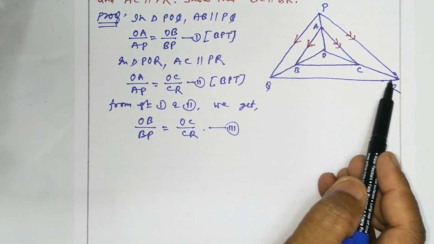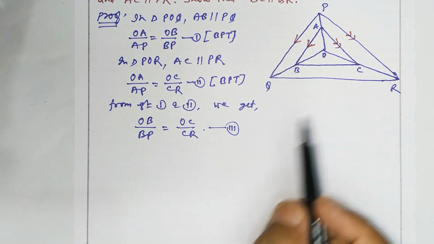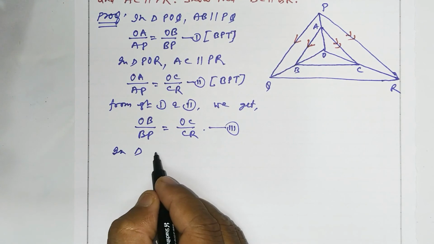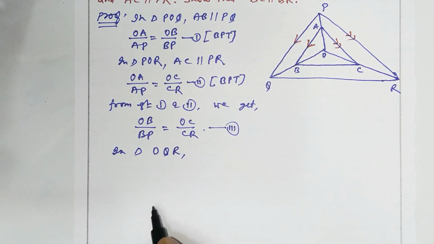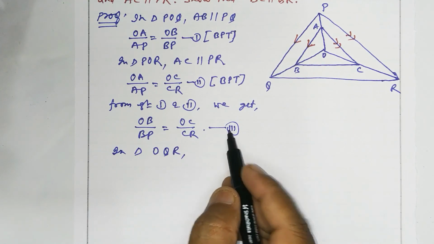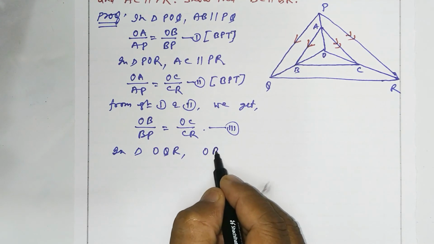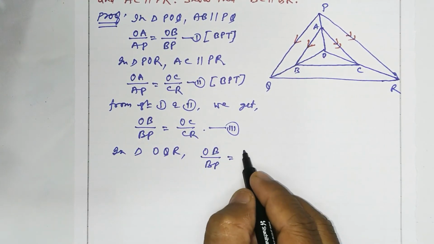Now consider triangle OQR. In triangle OQR, from equation number 3, OB by BQ equals OC by CR.